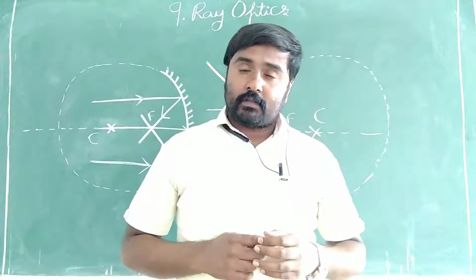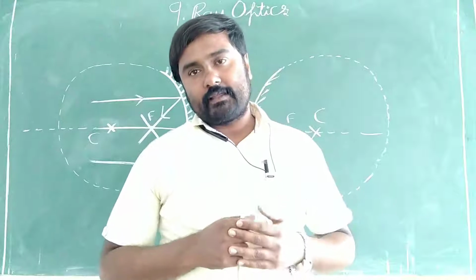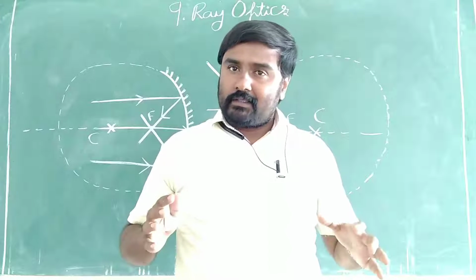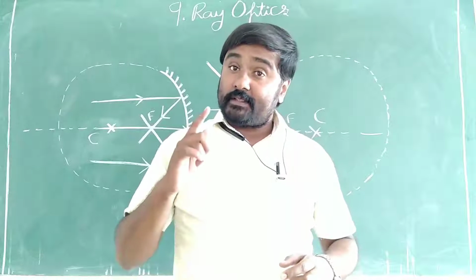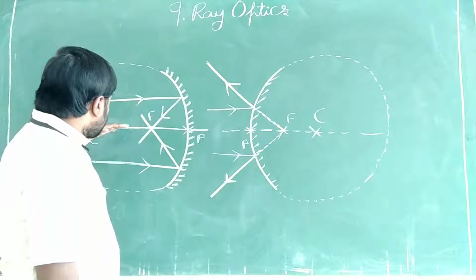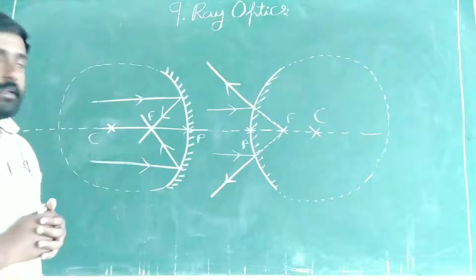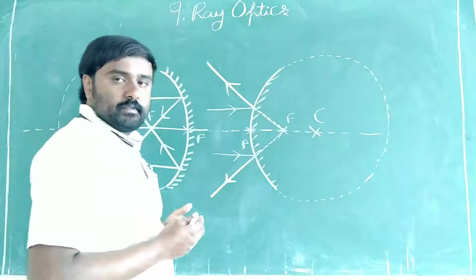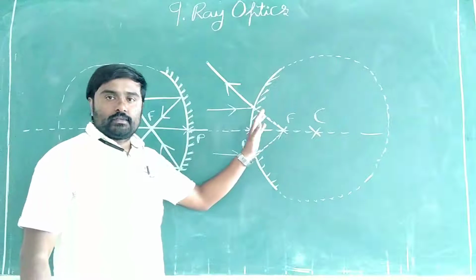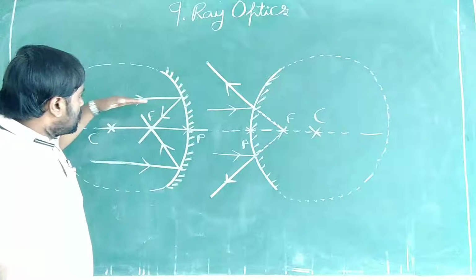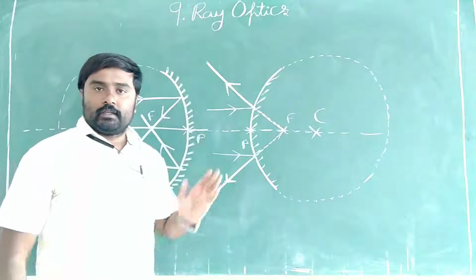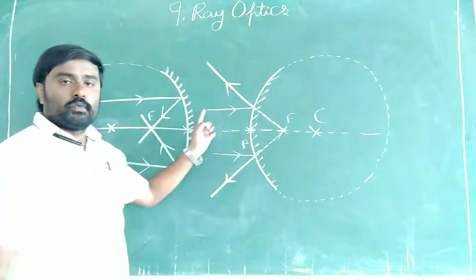The first new Cartesian sign convention is that all ray diagrams are drawn with the incident light traveling from left to right.